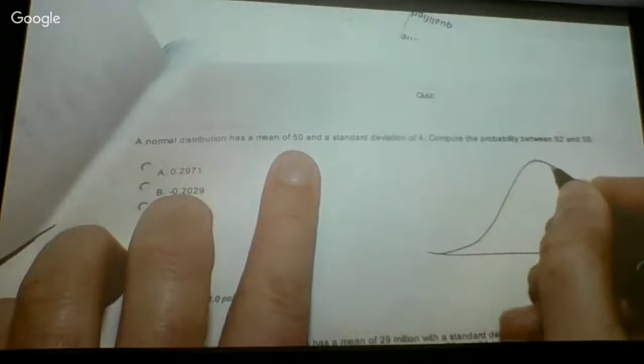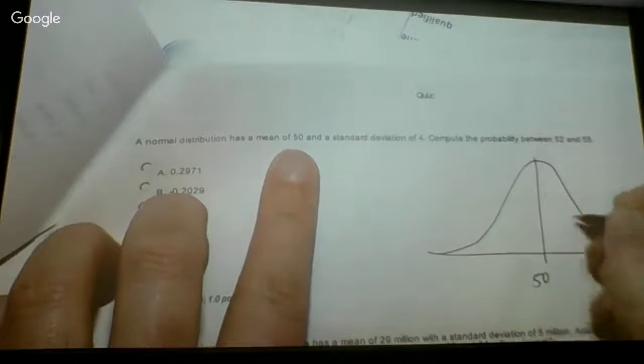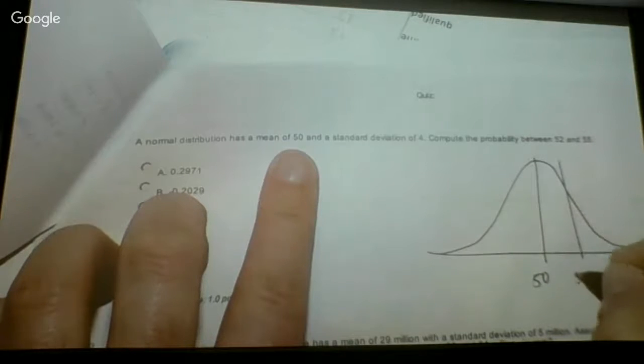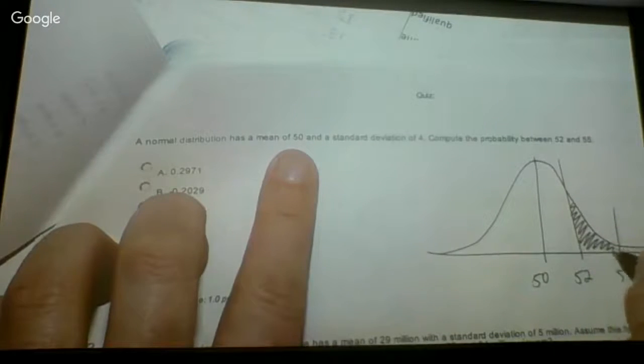In problem 22, we're given the same scenario, a normal distribution with a mean of 50, but we're now trying to get between 52 and 55. We're trying to get this area here.